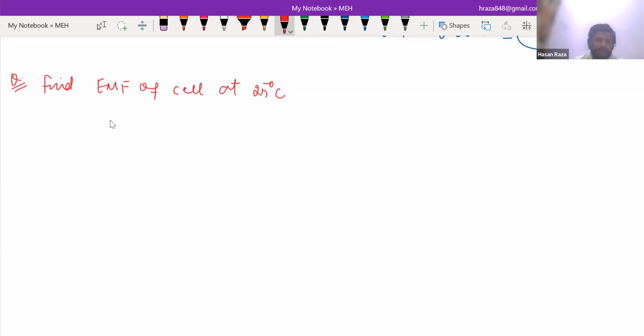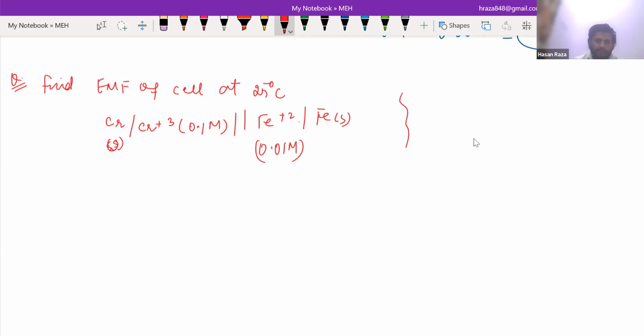And it is given that Cr slash Cr plus 3, 0.1 M, double slash Fe plus 2, 0.01 M, slash Fe, which is in solid state. This is also in solid state. And it is also given that E naught Cr plus 3 slash Cr is equal to minus 0.75.